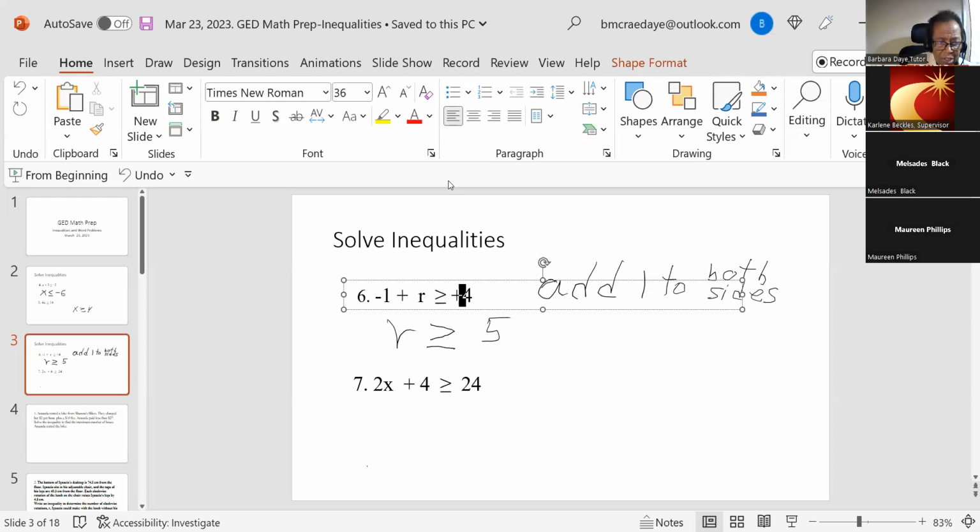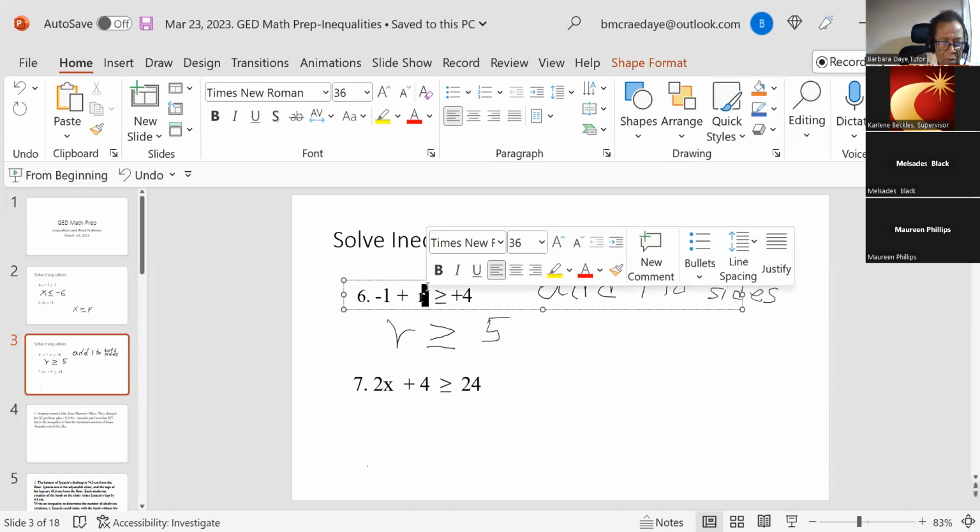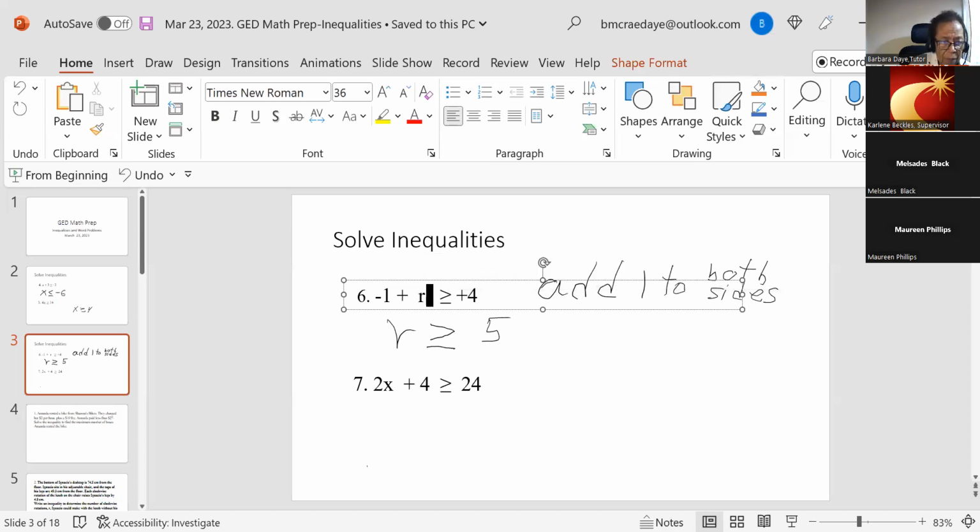No, no. Let's put +1 here, right? And let's put +1 here.